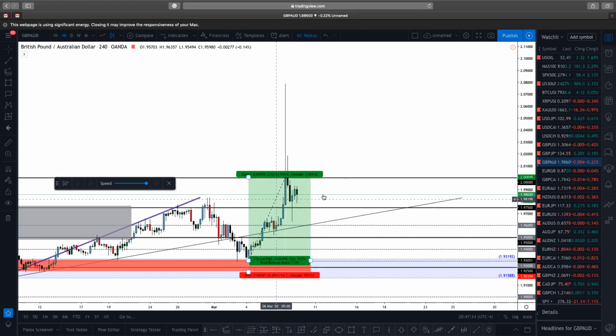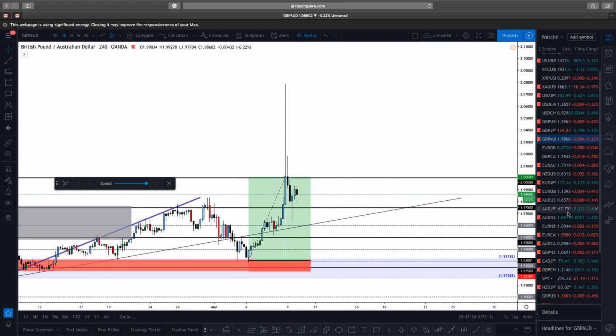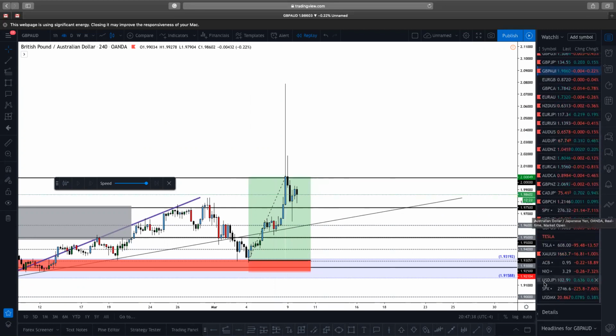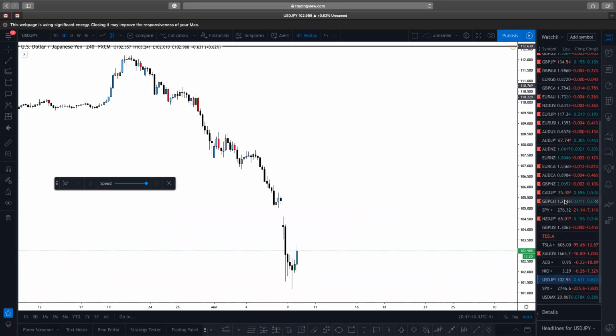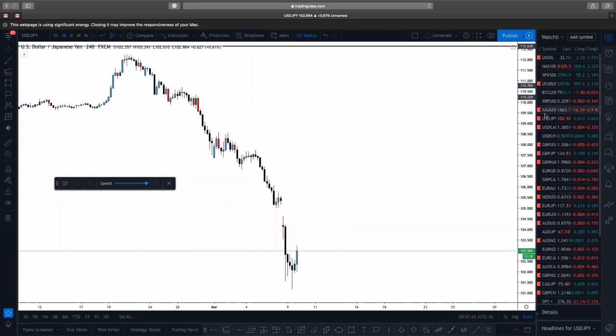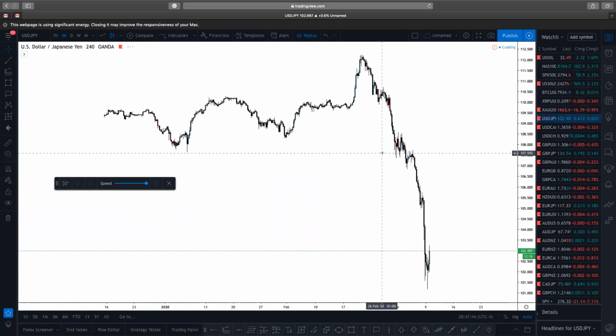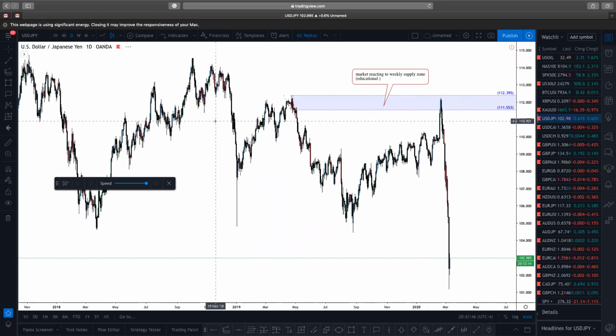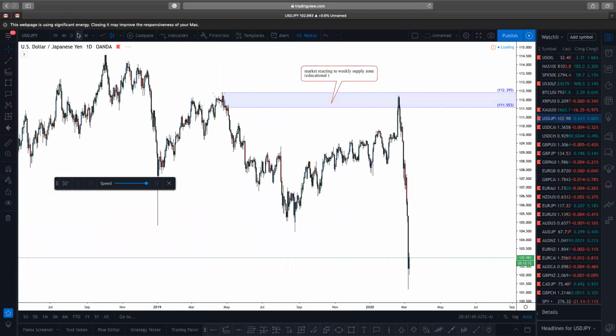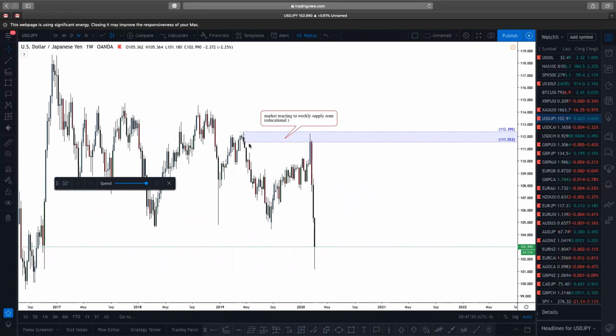So let me show you another example of a trade that I found, but I didn't send it in the group, right? USD JPY, right?